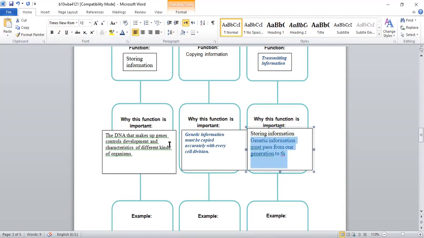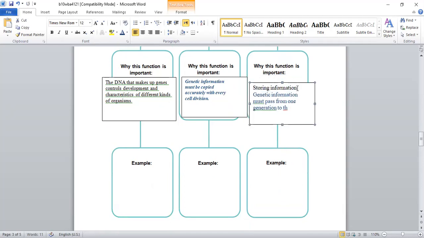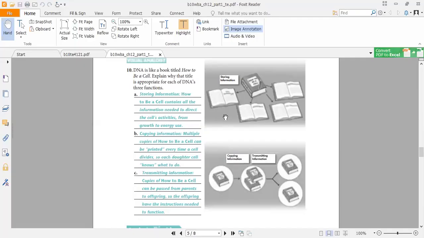So these are the answers. Examples like the book, if you remember, look. Here is the book. We have a few minutes left, 3 minutes.